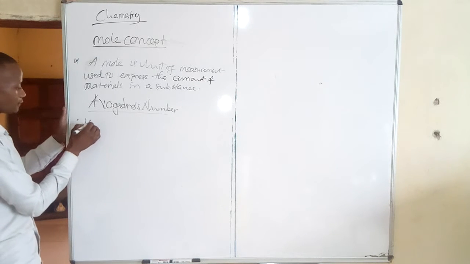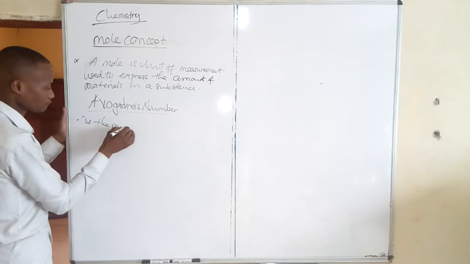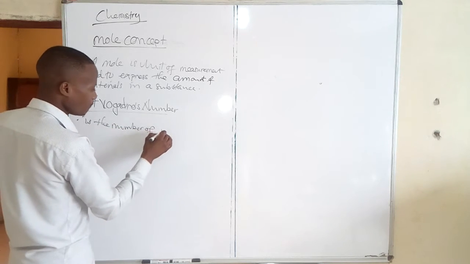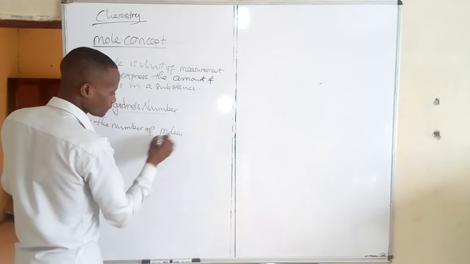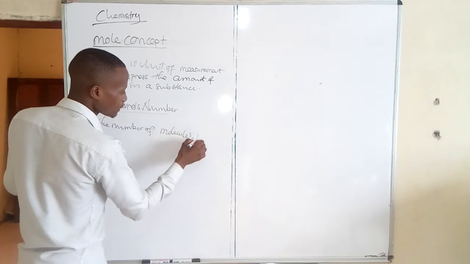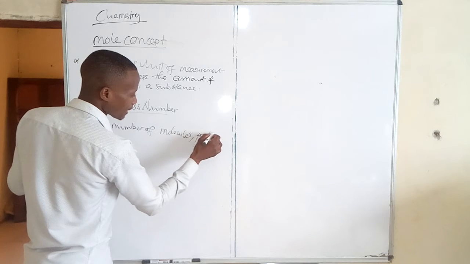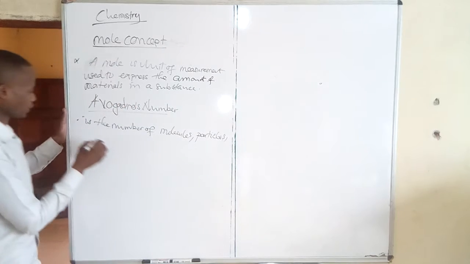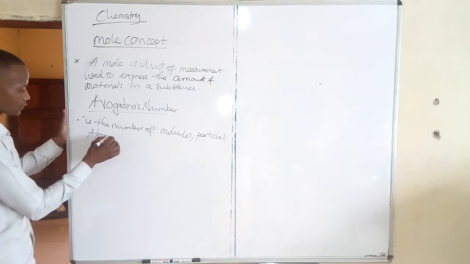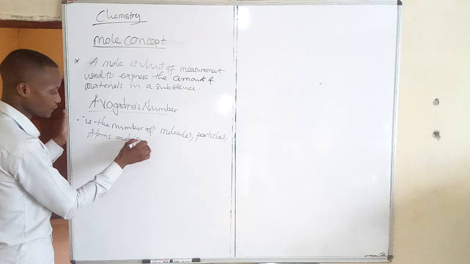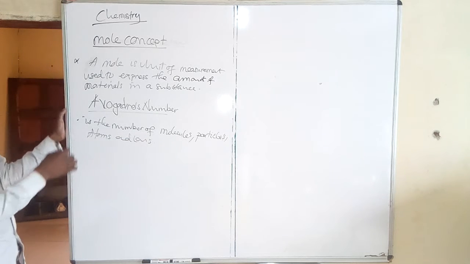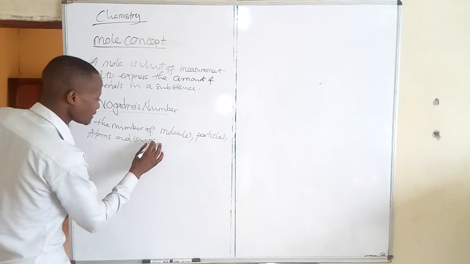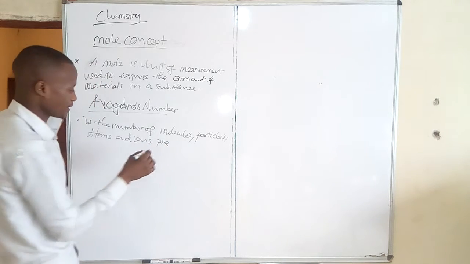It could be molecules, you say particles if you may like. You can talk about atoms and ions. So Avogadro's number is the number of molecules, particles, atoms, and ions present in one mole of a substance.